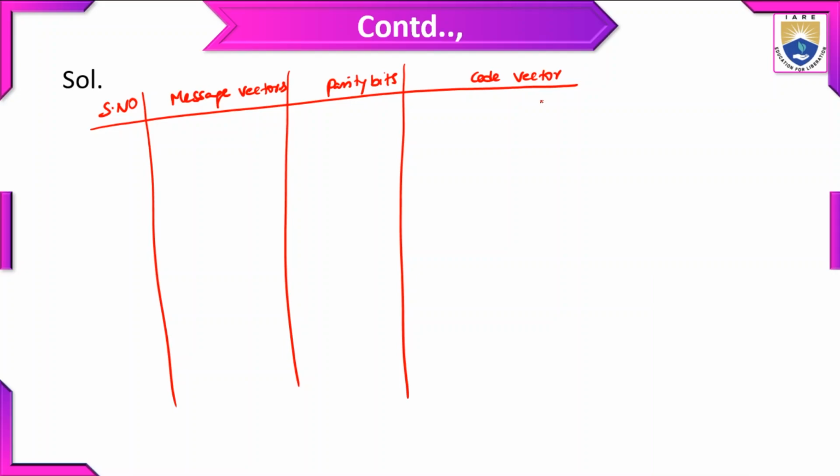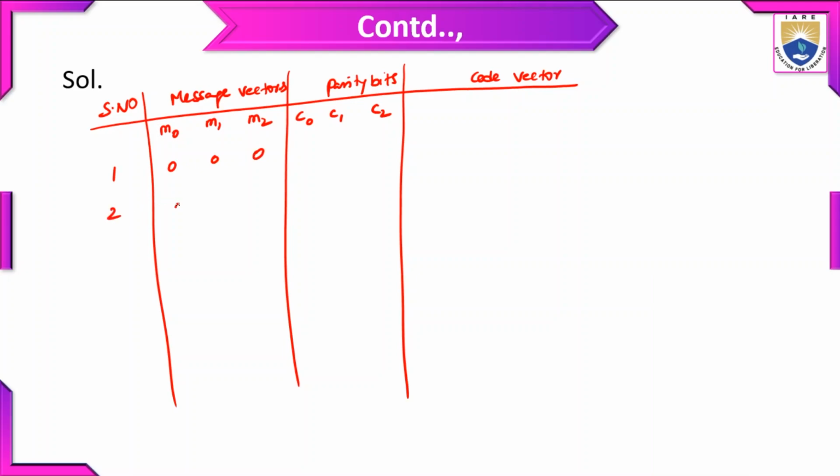So this is my code. First, the message vector: once again, we write M0, M1, M2, and then three parity bits, C0, C1, C2. First 0, 0, 0.